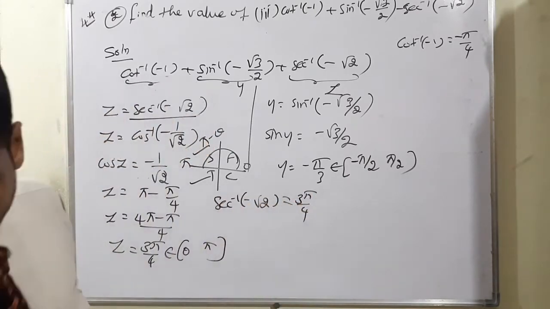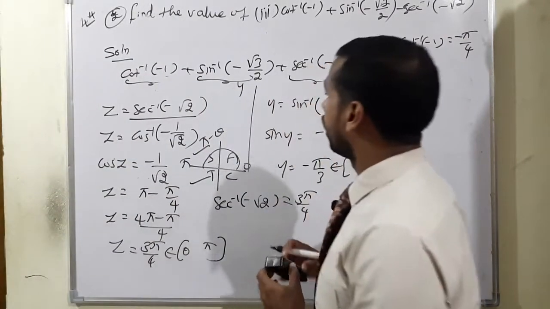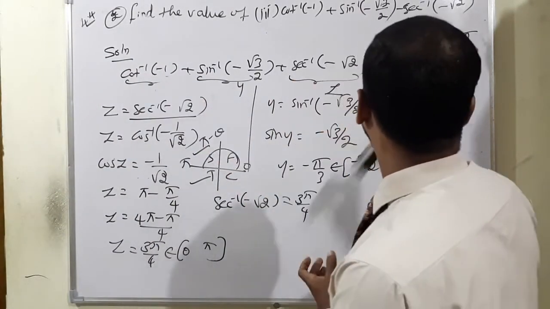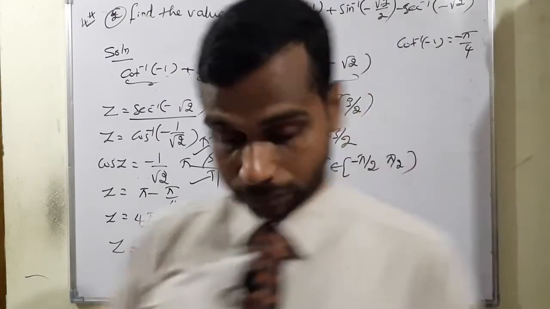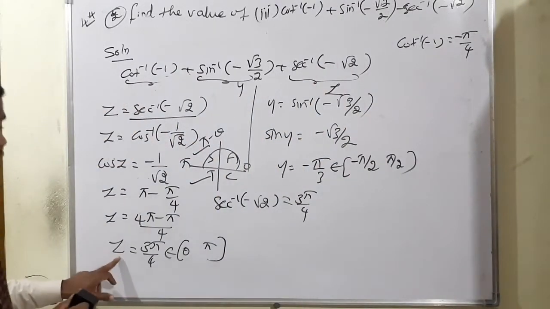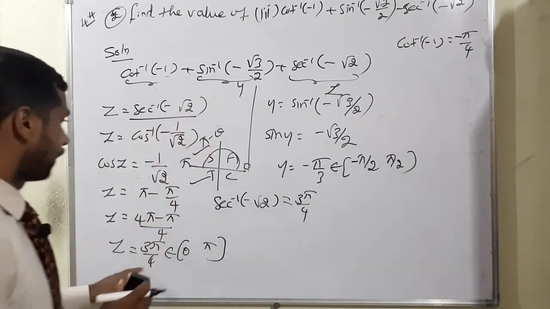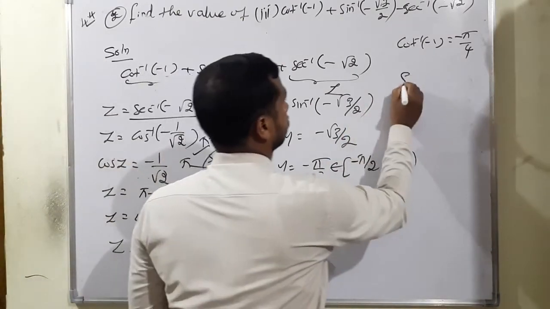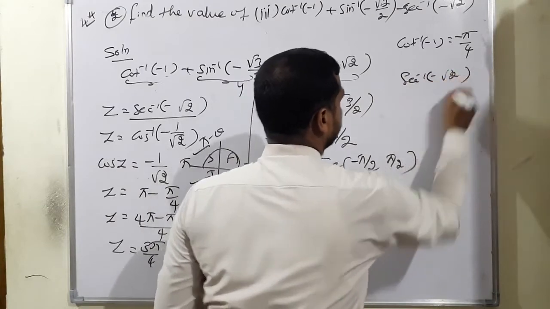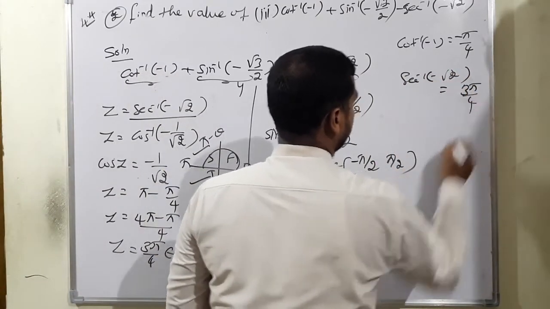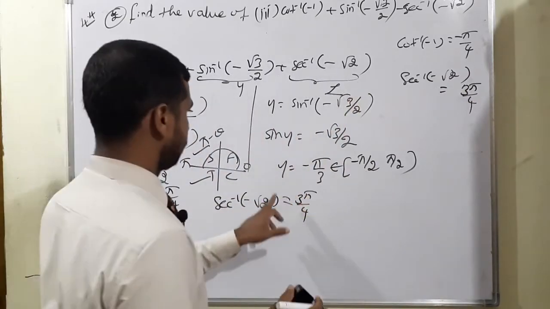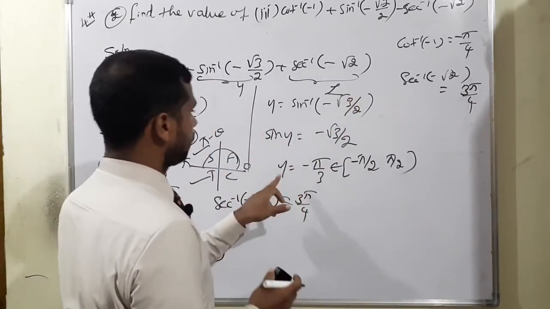Okay, the 3 terms are over. Now we just have to add them one by one. First one, cot inverse value negative pi by 4. Then z is equal to secant inverse of minus root 2, which is 3 pi by 4. Third one is here, negative pi by 3. What is the meaning of y?